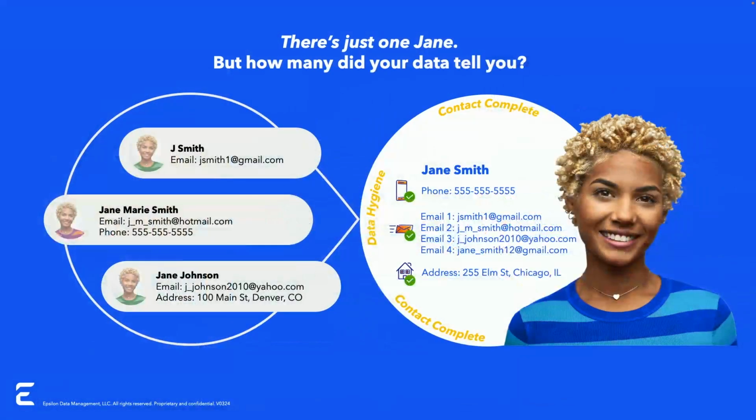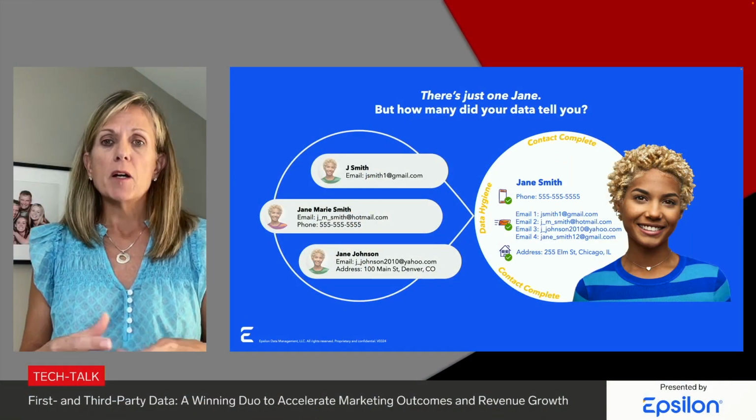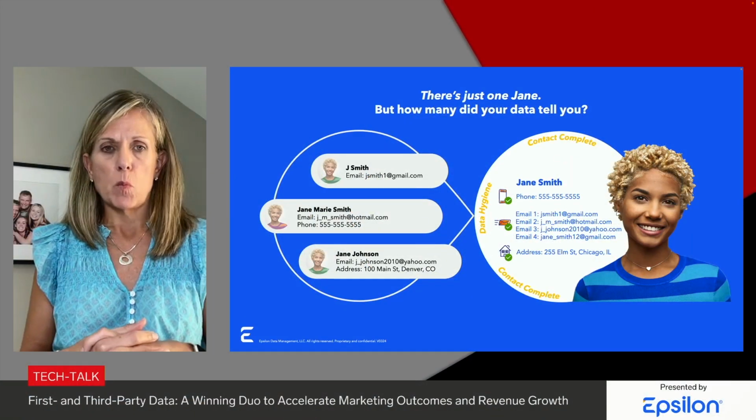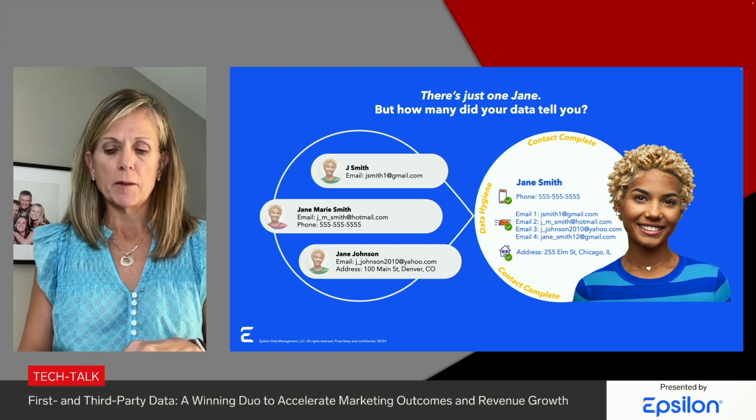One has an email, one has an email and a phone number, and another has an email and an address. When working with clients, what we're able to do is let them know, hey, all of these individuals that you have as individual records are actually the same person. It's all Jane Smith. Not only can we let you know how to consolidate all of these different touch points within your first-party data, but also add incremental touch points as well, as you can see what we were able to do for this particular record.